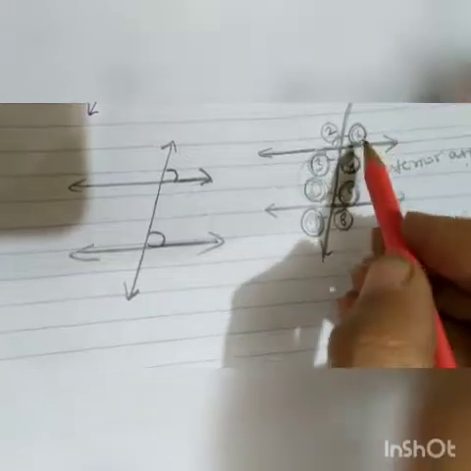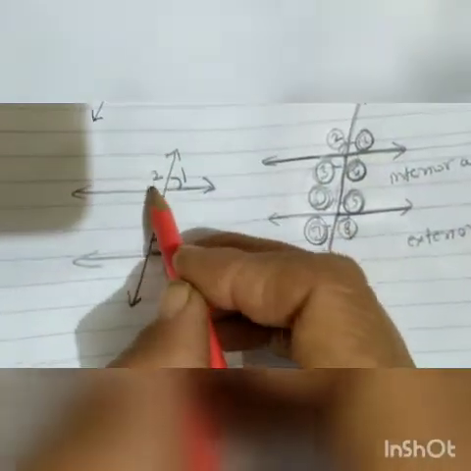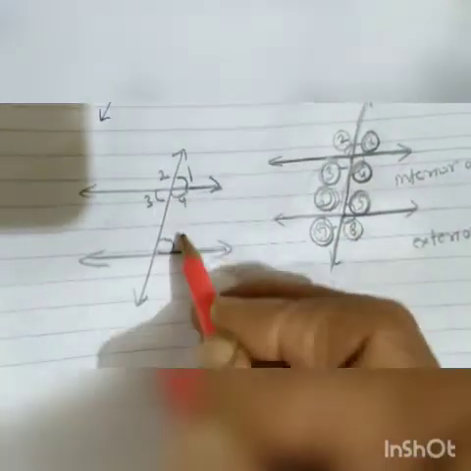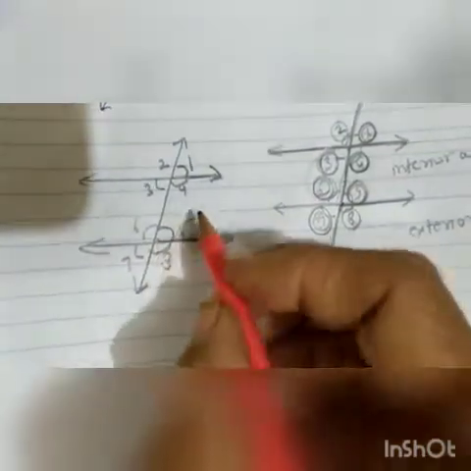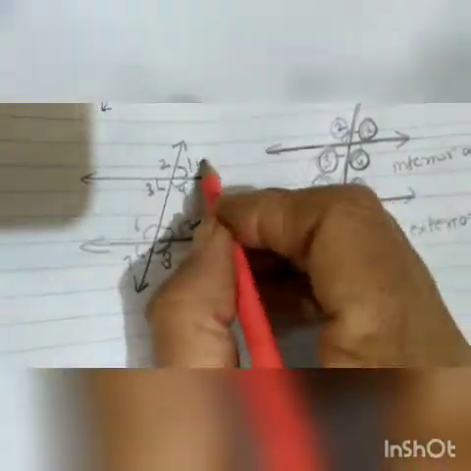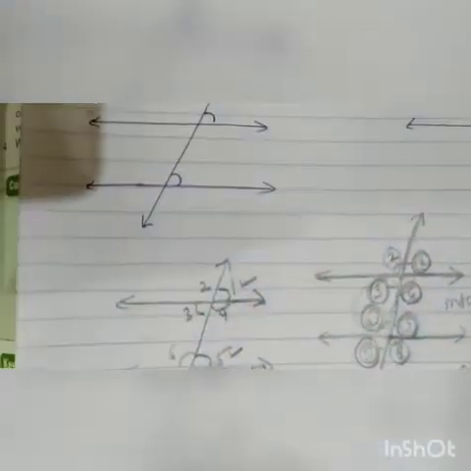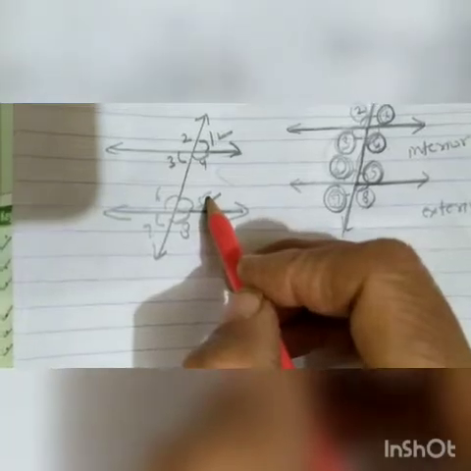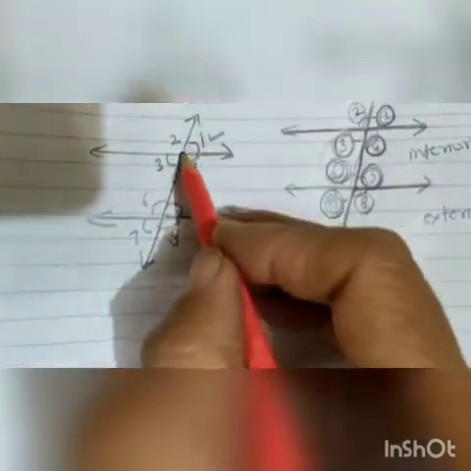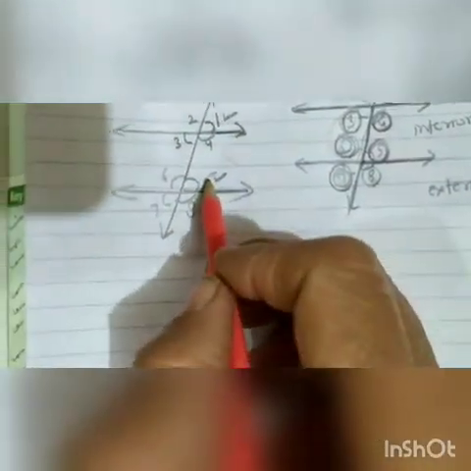This pair means angle 5 and angle 1 are corresponding angles and they are also equal. Means if angle 1 is 50 degrees, then angle 5 is also 50 degrees.